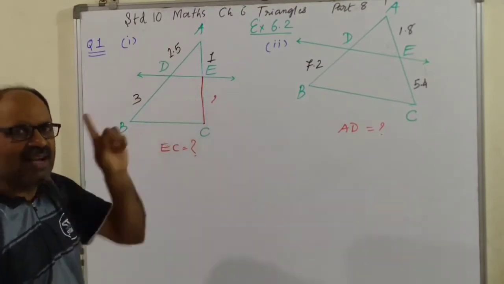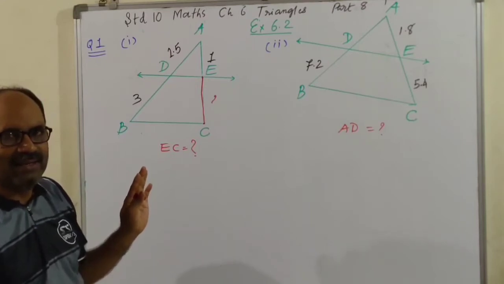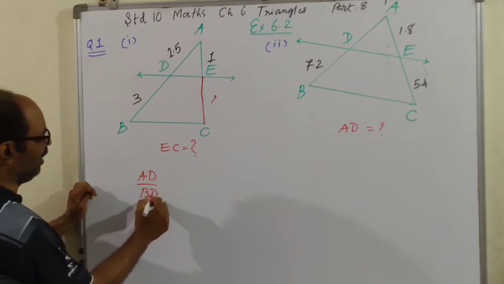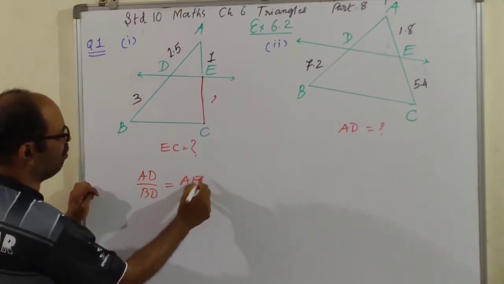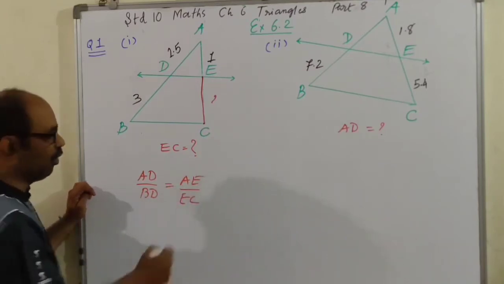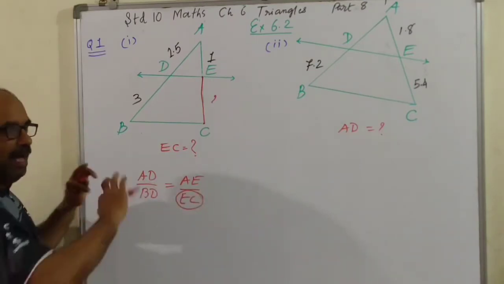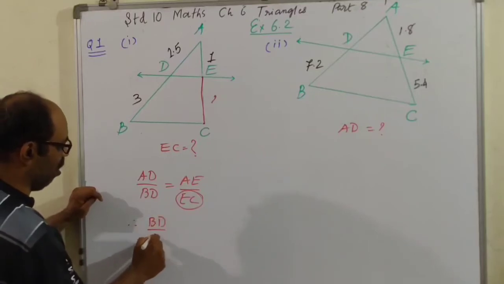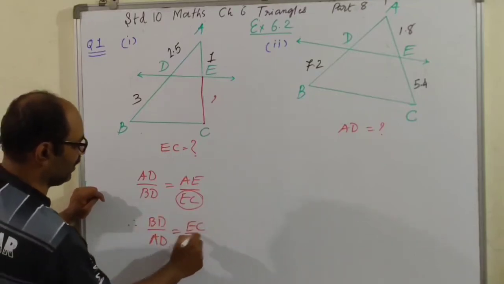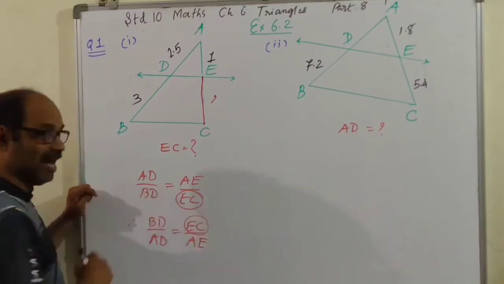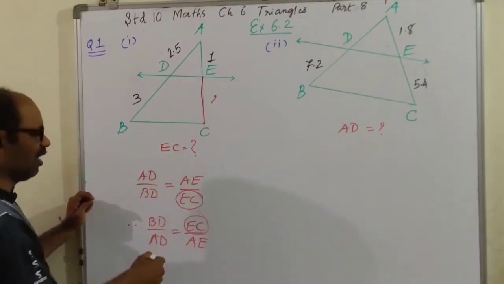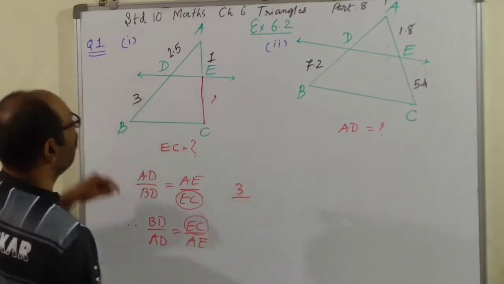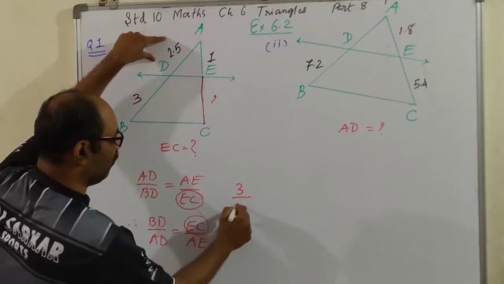Correct? These are 1 mark questions, so you have to write directly. So I am writing directly here. AD upon BD is equal to AE upon EC. What you want to find is EC, so first invert it, bring it up. Therefore, BD upon AD is equal to EC upon AE. This came up by inverting. Put the value. What is BD? 3 upon what is AD? 1.5.